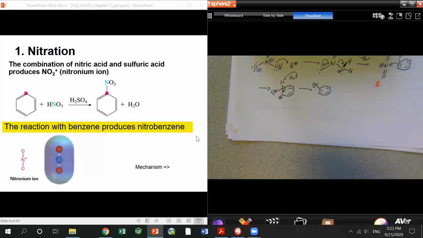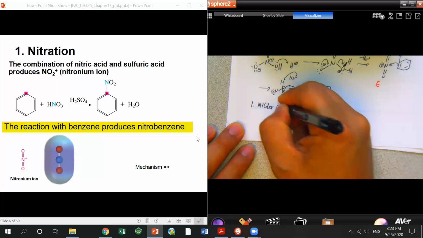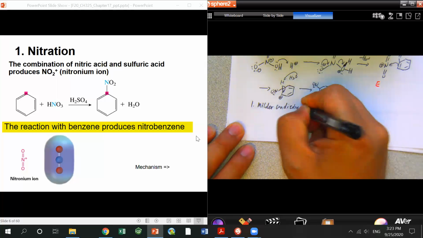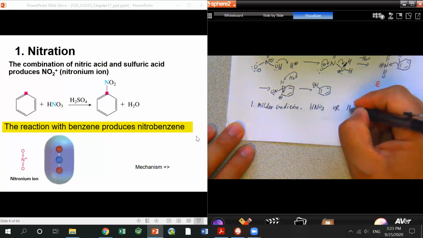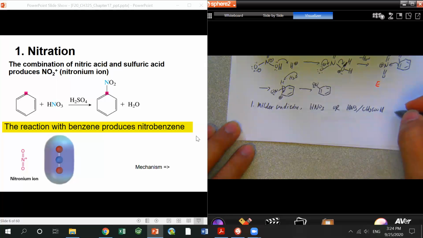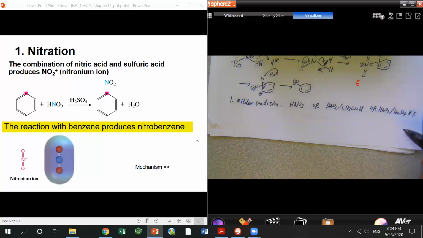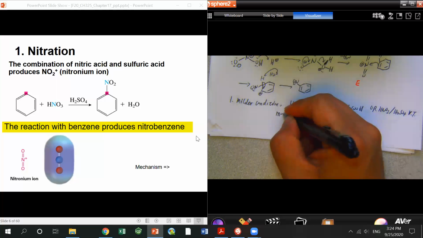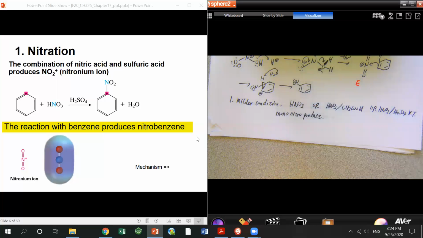If this is a mild condition, for example, you just use pure nitric acid, or you can use nitric acid with acetic acid, CH3COOH, or use nitric acid with a catalytic amount of sulfuric acid at room temperature, then you get a mono nitro product.